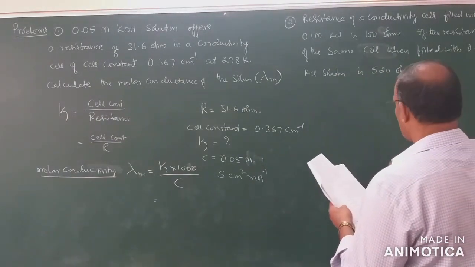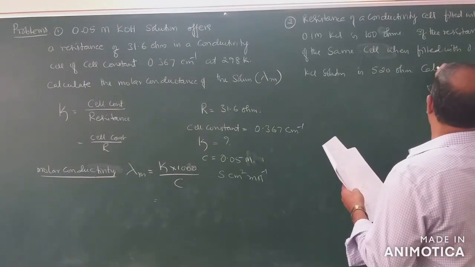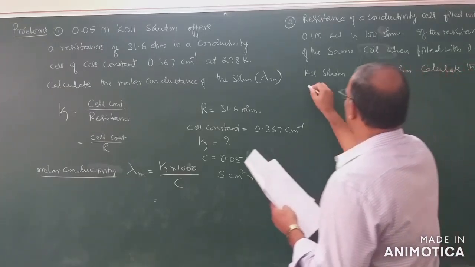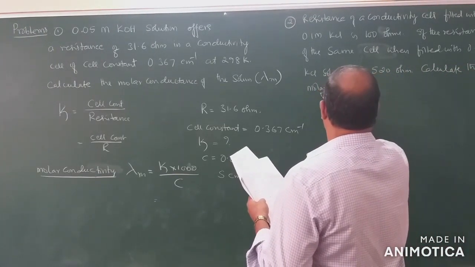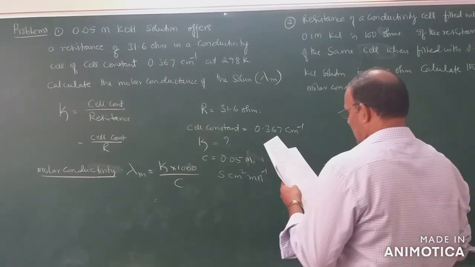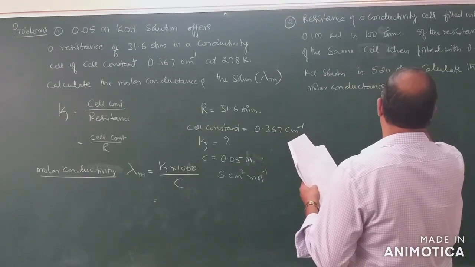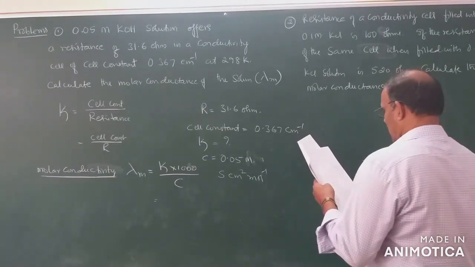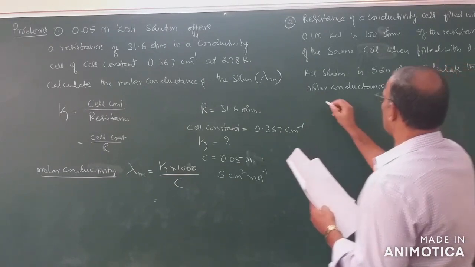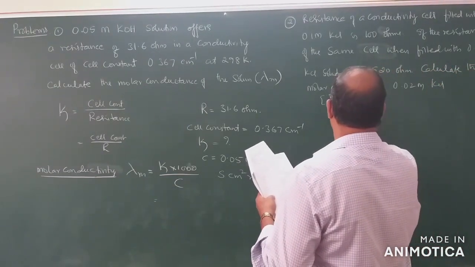So start. Calculate the molar conductance of 0.02 molar KCl. So in bracket, cell constant is given.